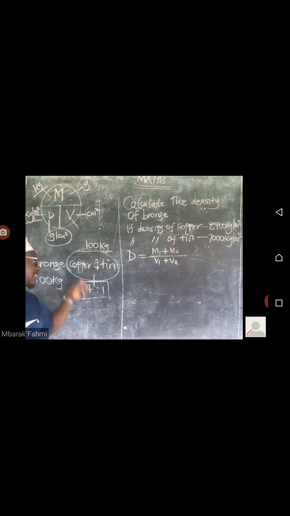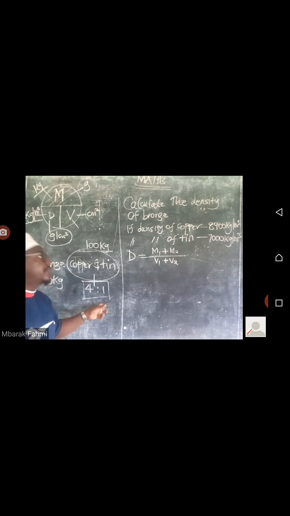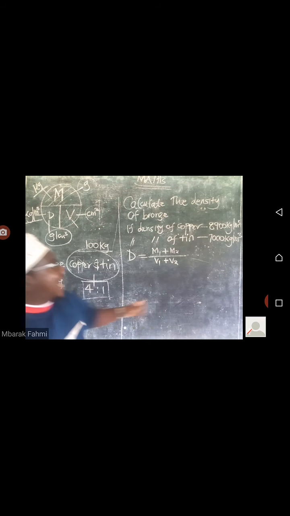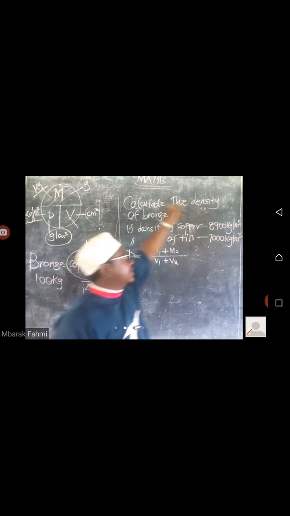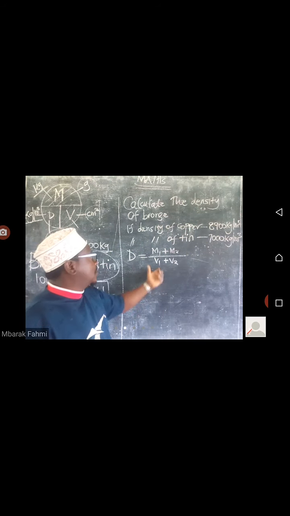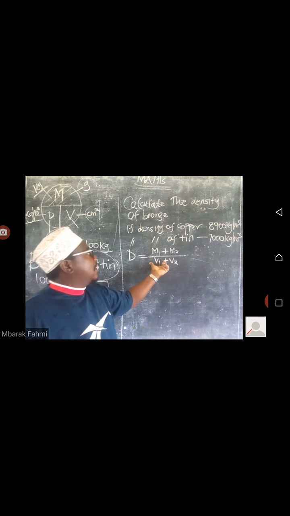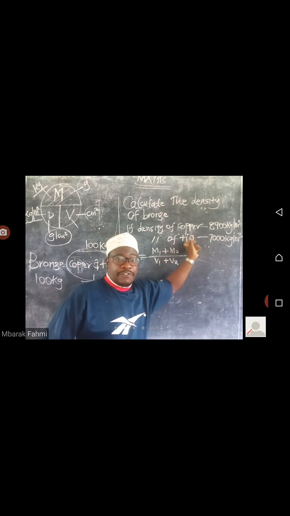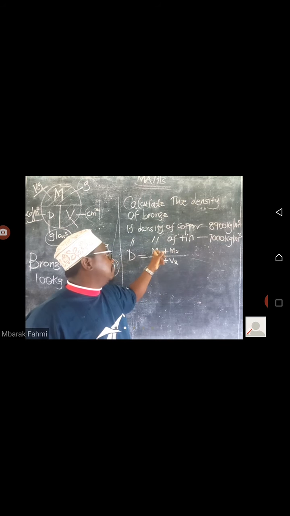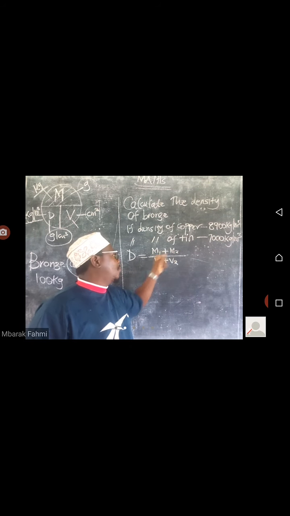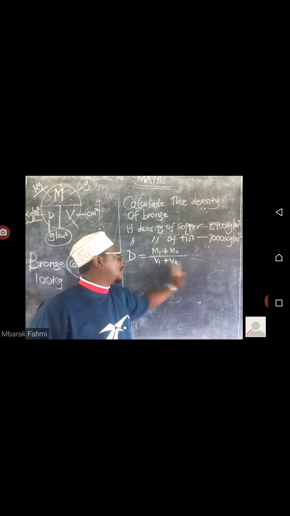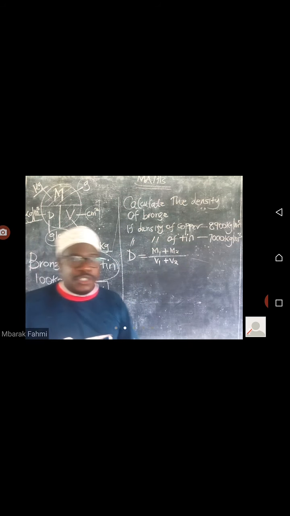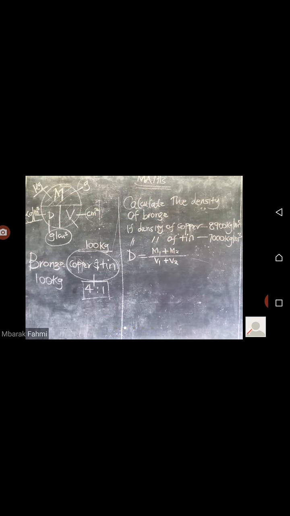But we'll calculate each mass, because we'll use the mass and the density to get the volume of copper and the volume of tin. We'll need mass 1 plus mass 2, volume 1 plus volume 2. We add them together and divide, and we will get the total combined density. So let's do it very fast. Time is not on our side.